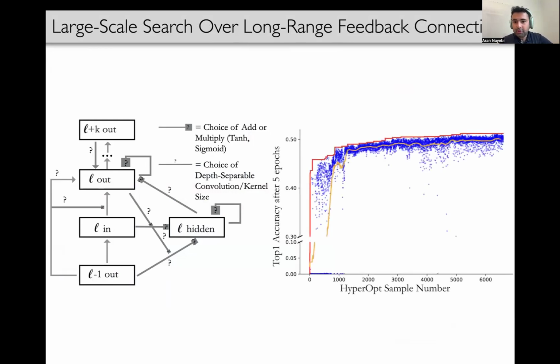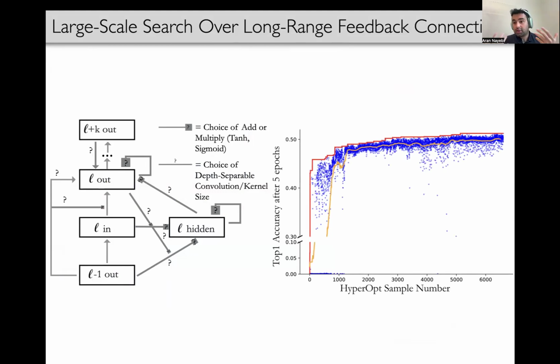This was in collaboration with Google Brain, who very generously allowed us to use their TPU resources, which was very necessary for the time because GPUs were very small in memory. And these recurrent cells, especially in a deep CNN, take up lots more VRAM.